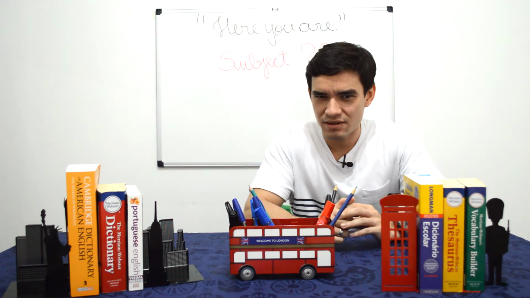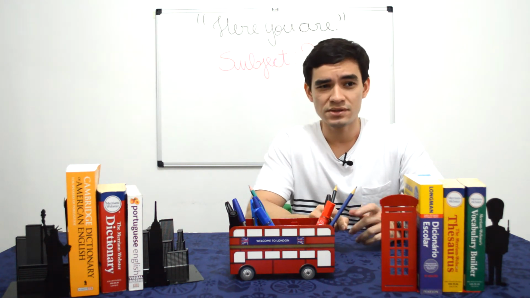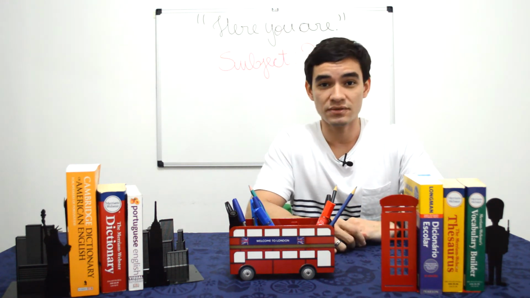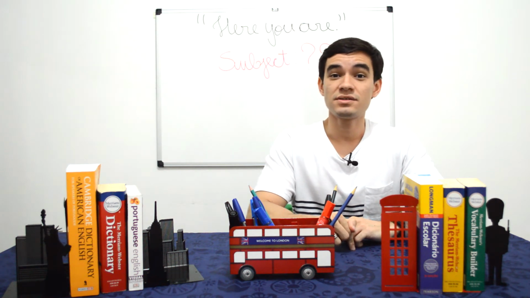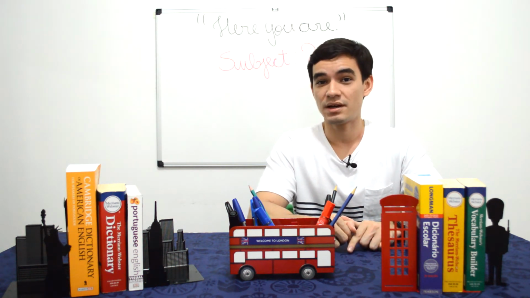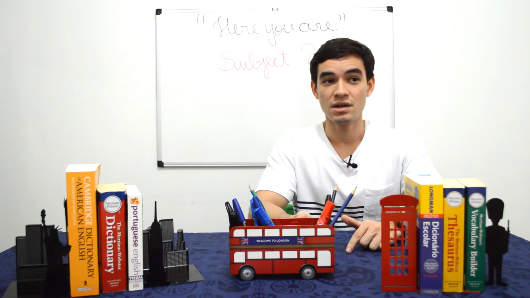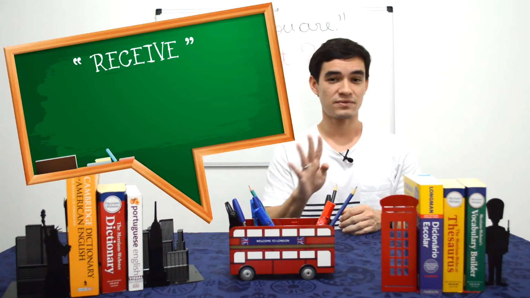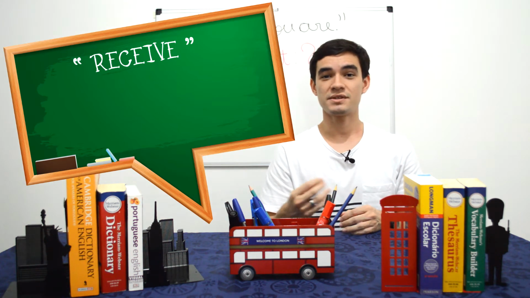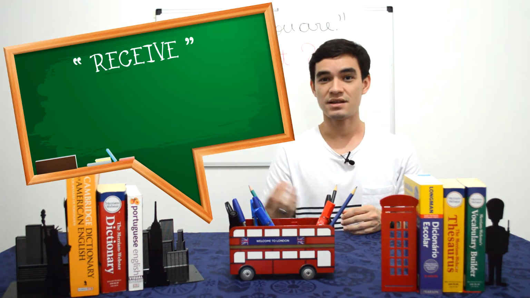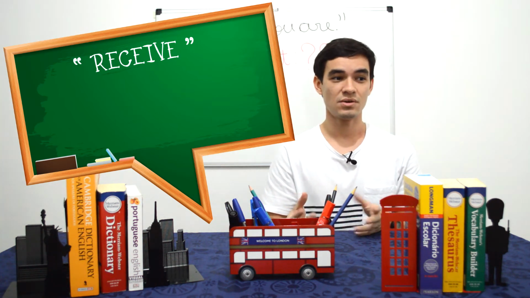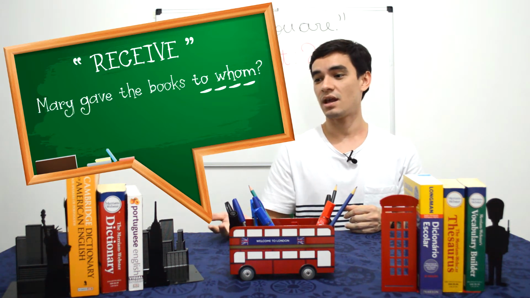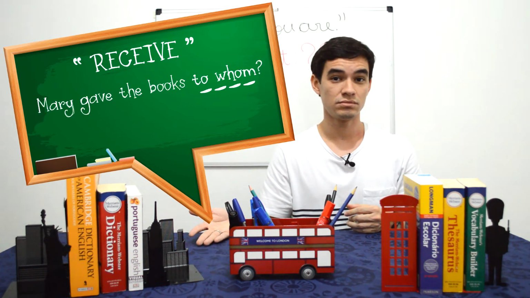But then we have another thing, right? The books suffered the action of being given, but Mary's sister was indirectly affected by this action, wasn't she? After all, she received the books. Now we have a fourth step. Who was indirectly affected by the action of giving the books? Or, Mary gave the books to whom?